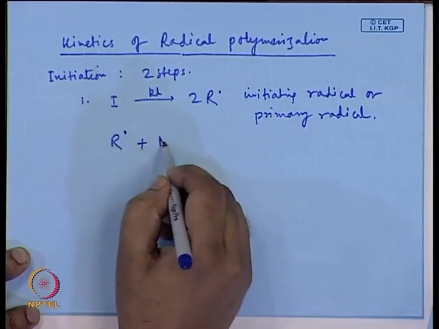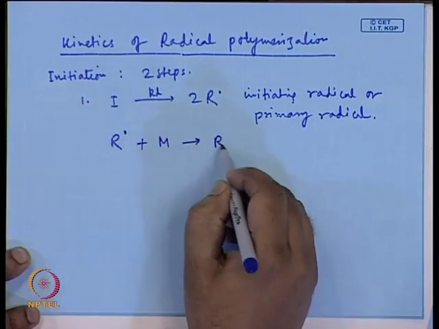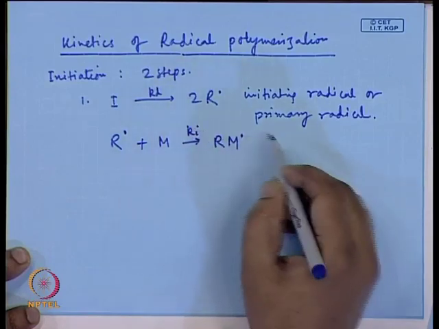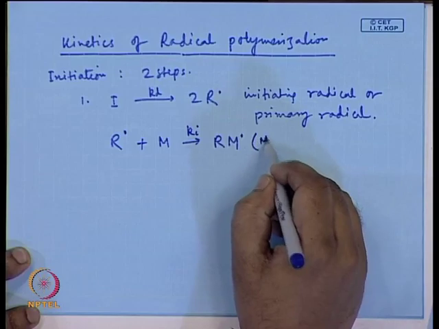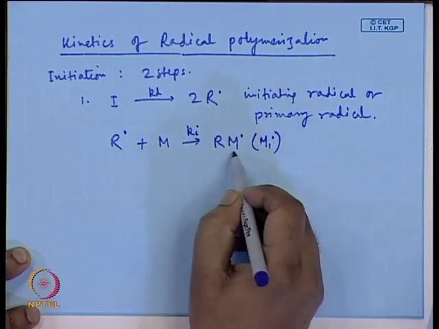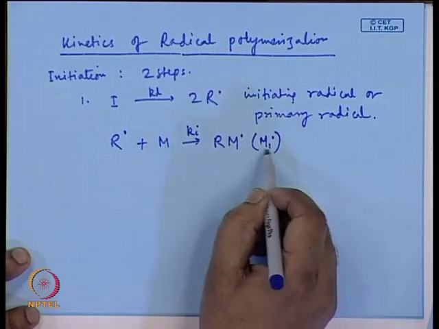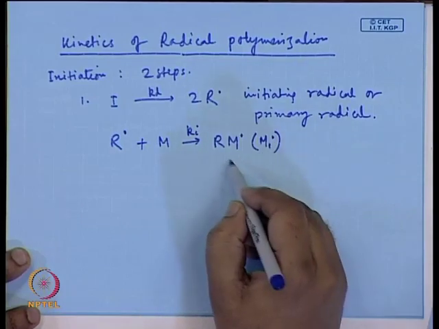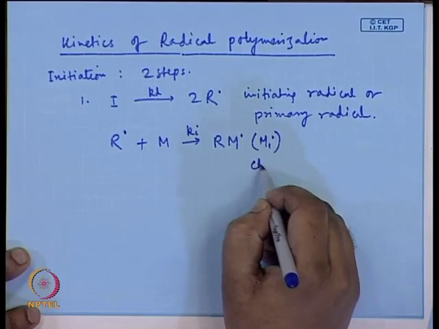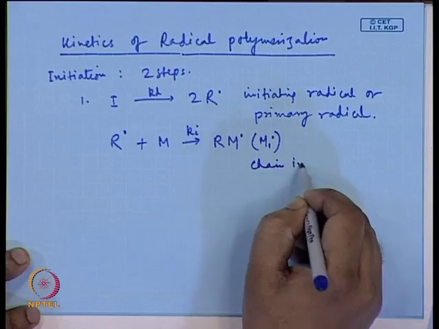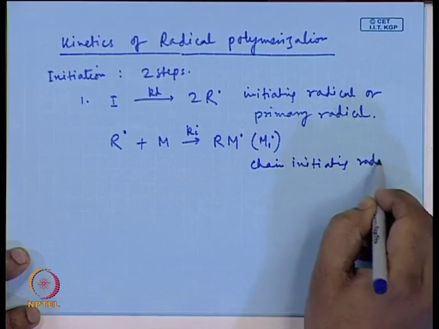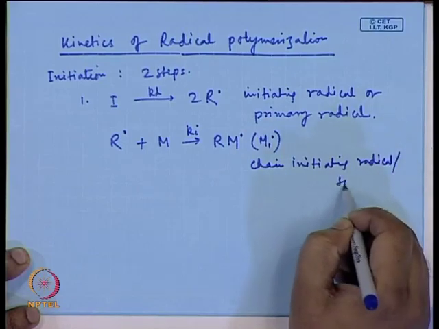This primary radical reacts with a monomer, RM dot, which for short we are writing as M1 dot. This is the chain initiating radical or species.